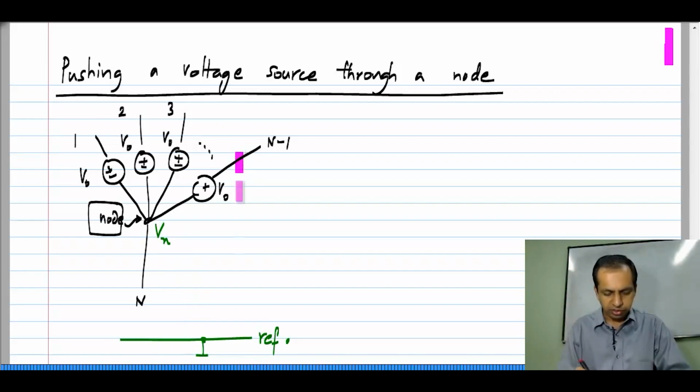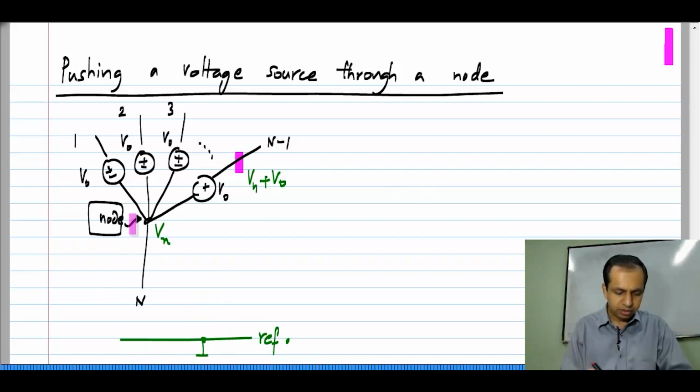What is the voltage between this node and the reference node? By a simple application of Kirchhoff's voltage law, you see that it is V n plus V naught. And then let us look at this particular node over here on the first branch. What is that voltage? It is again V n plus V naught.